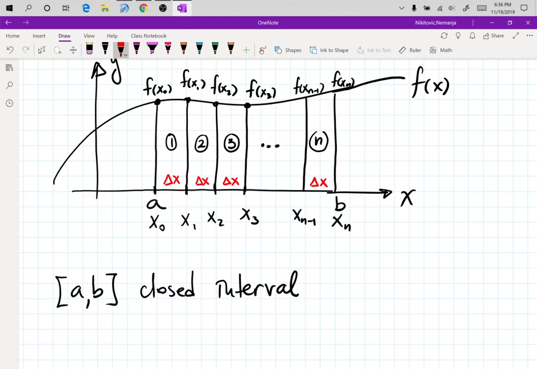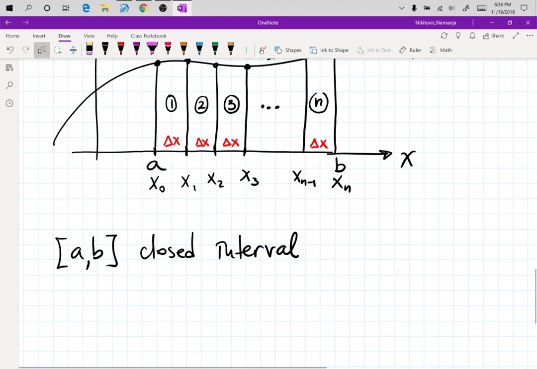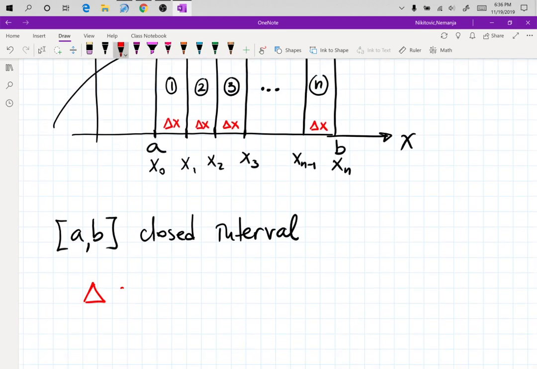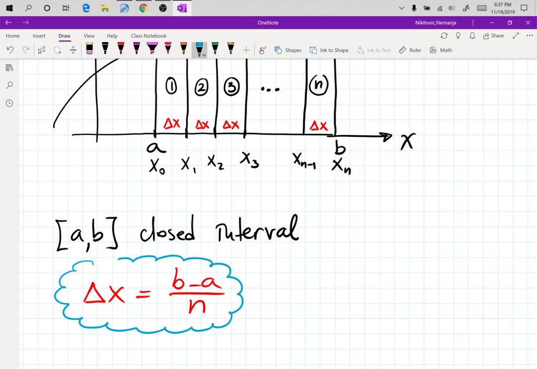So we call that delta x. Now, the value for delta x is going to be b minus a divided by n. Delta x equals b minus a divided by n will give you the value for delta x.